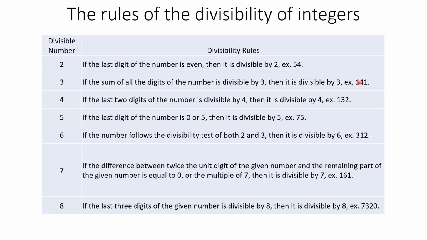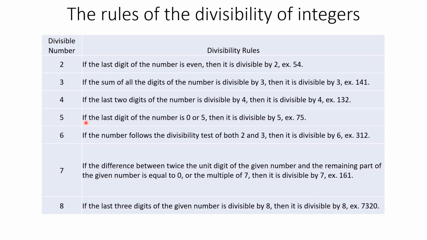So 1 plus 4 plus 1 gives us 6. 6 is divisible by 3, so 141 also is. For number 4, if the last two digits of the number is divisible by 4, then it is divisible by 4. So 32 is divisible by 4, so 132 also is.